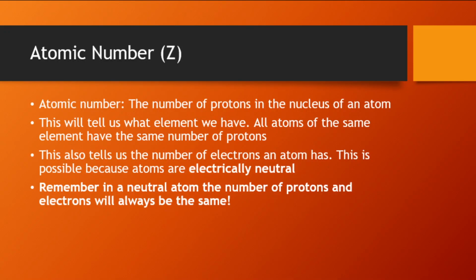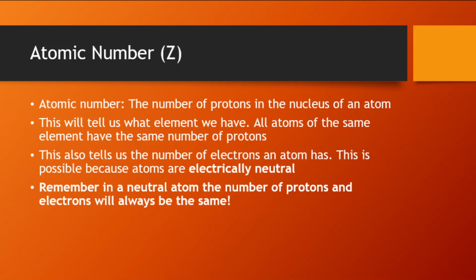The atomic number is commonly referenced as a capital Z. So if you see the question, what is the Z for an element on the periodic table, it's asking you for the atomic number of that element. Well, then you might be asking yourself, Mr. Kenton, what's the atomic number? Glad you asked.